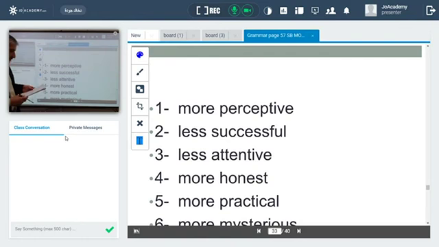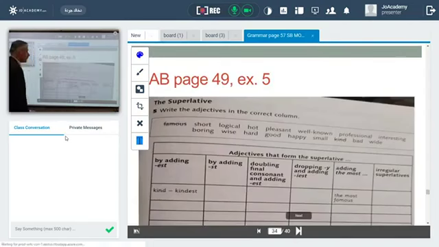Okay. Let's move to exercise number 5, page number 49. Activity book page 49, exercise 5. We have, like the last table, write the adjectives in the correct column.